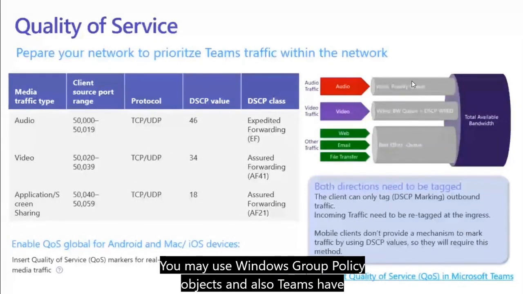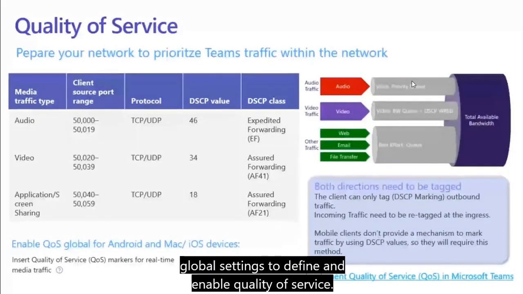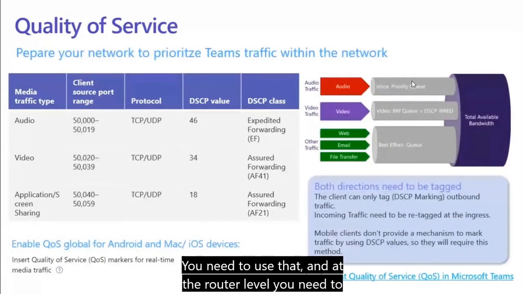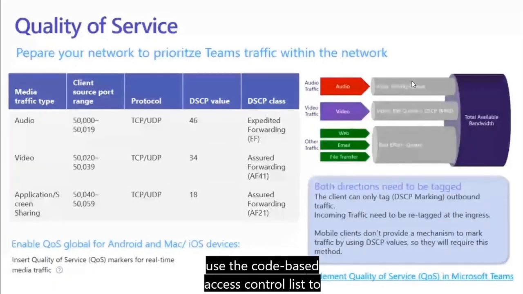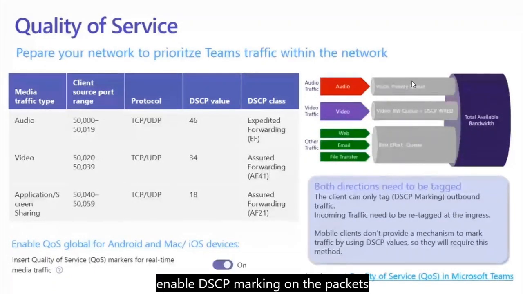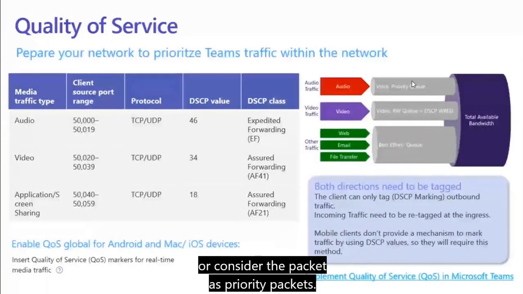You may use Windows group policy objects, and Teams also has global settings to define and enable quality of service. And at the router level, you need to use the port-based access control list to enable DSCP marking on the packets, or consider the packets as priority packets.